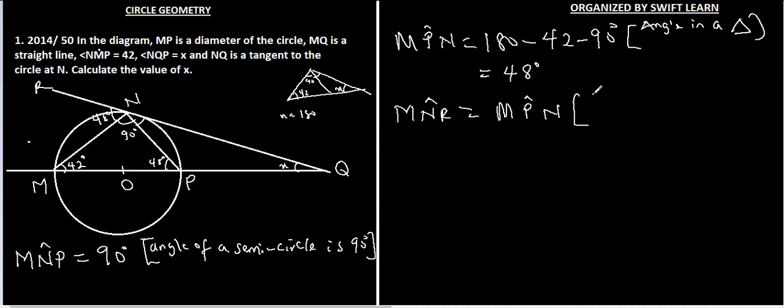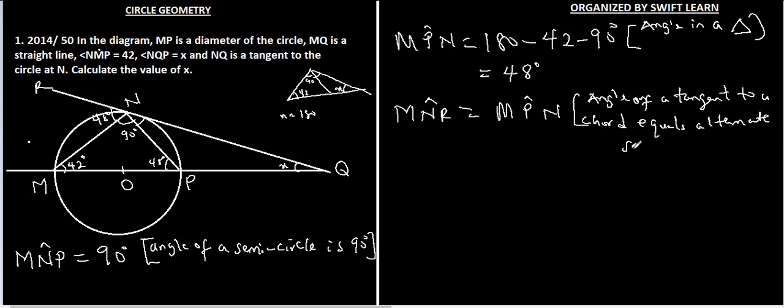The reason is that angle of a tangent to a chord equals the alternate segment. That means my MNR will be 48 degrees. Then if MNR is 48 degrees, I should be able to get here, right? There will be 180 minus 90 minus 48. That will be 42 degrees.